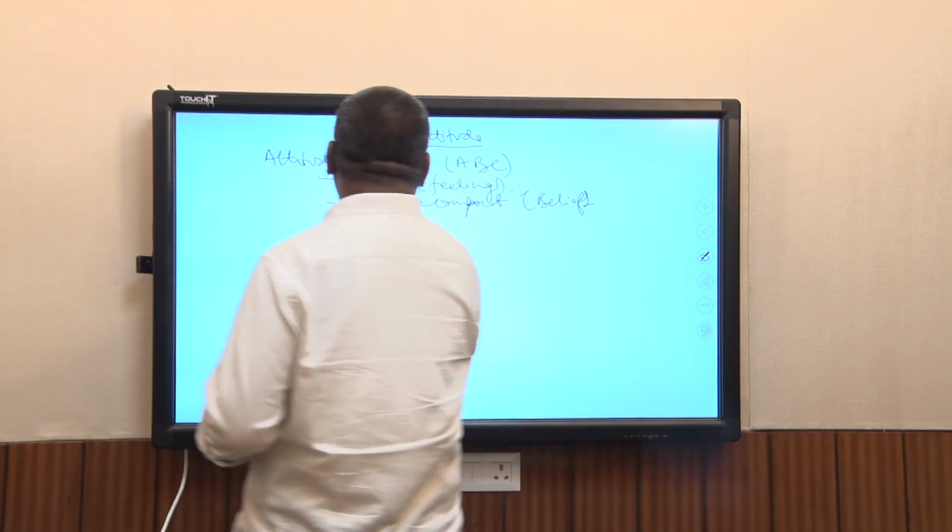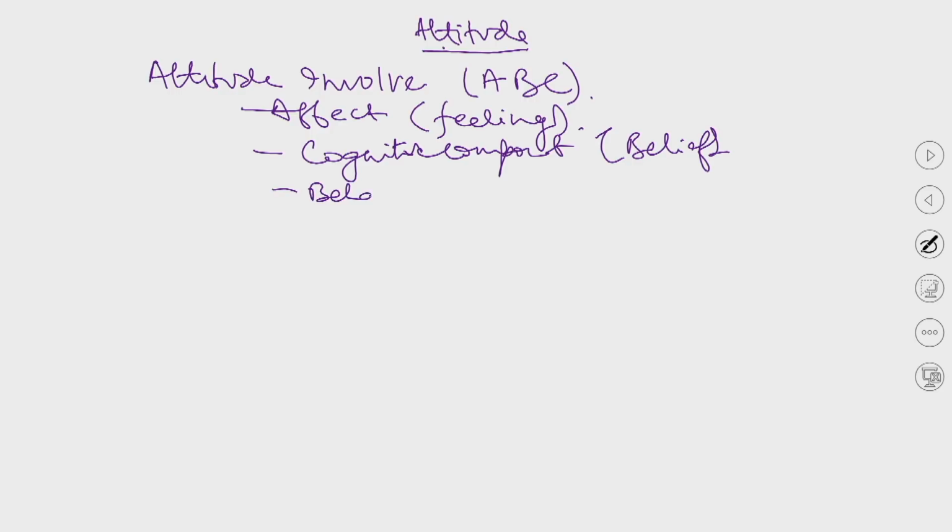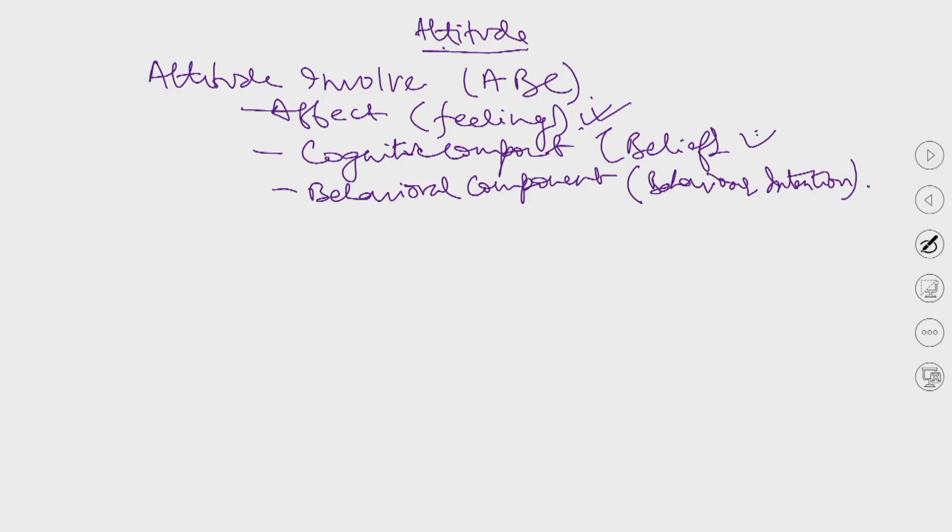And the third component is the behavioral component, which is your behavior intention. So, based on what you feel and what you believe about Air India, if given a chance to travel through an airline, which is Air India, how do you react to it is the behavioral component.